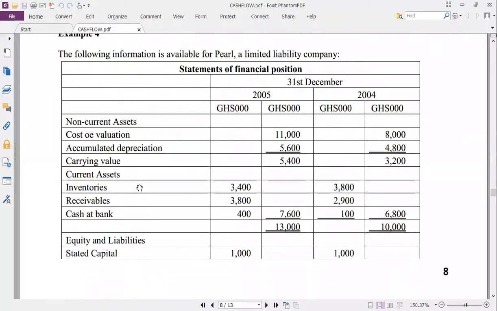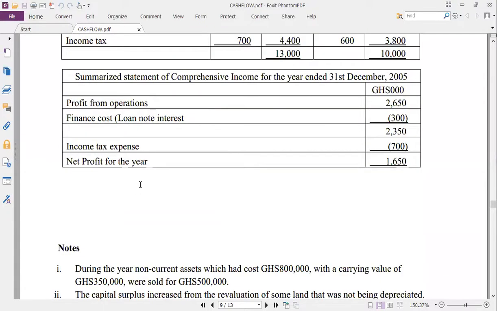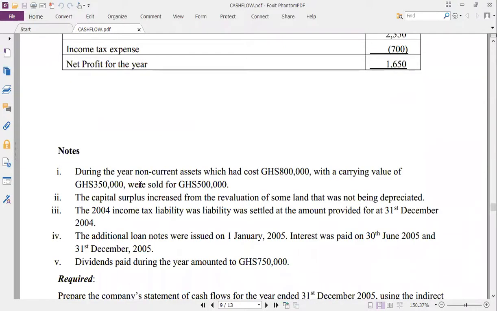No, because they are actually telling us some of the land was not being depreciated. You know, we also depreciate some land, the leasehold land, and then we don't depreciate freehold land because it does not have a useful life. Good. So that's why they were telling us that this particular land we don't depreciate.